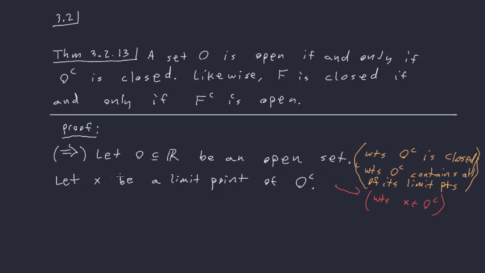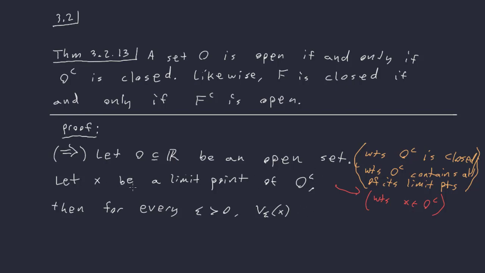Well, if X is a limit point of O complement, that means for every epsilon greater than 0, the V epsilon around X, so the epsilon neighborhood around X, intersects with an element of O complement.